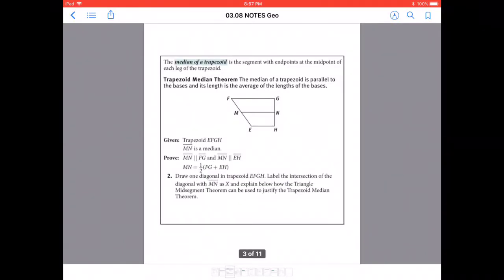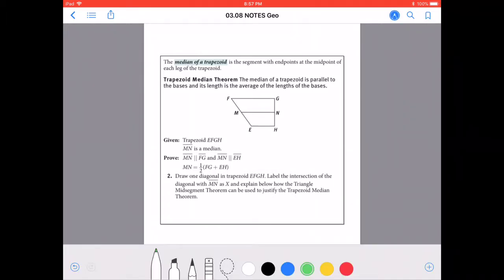So if we go on to the next one, we did this one yesterday as well, and we learned here that when we have our median of a trapezoid, which here is MN, that will always be parallel to our bases of our trapezoid. And along with being parallel, we can find the length of MN by taking the average of our two bases.